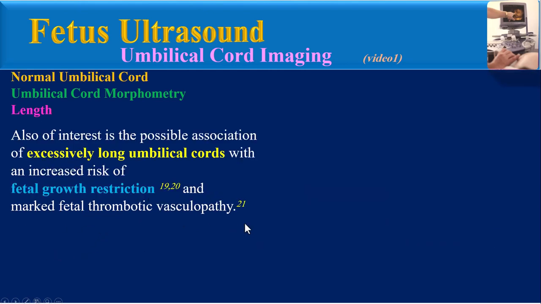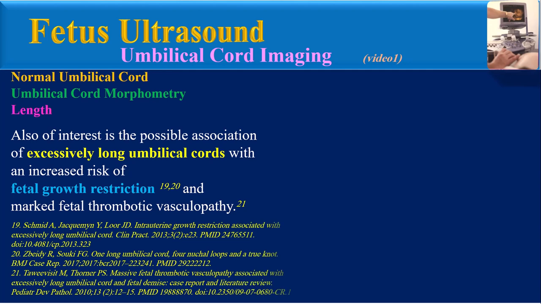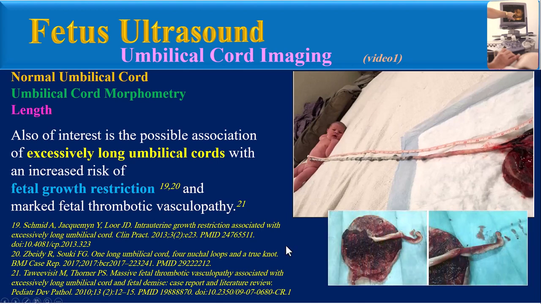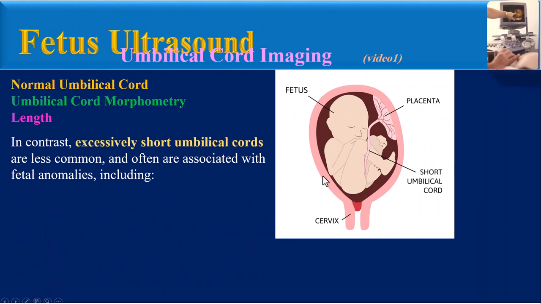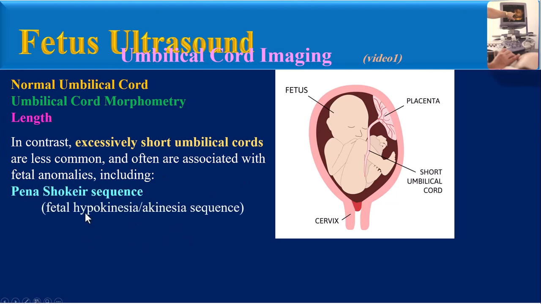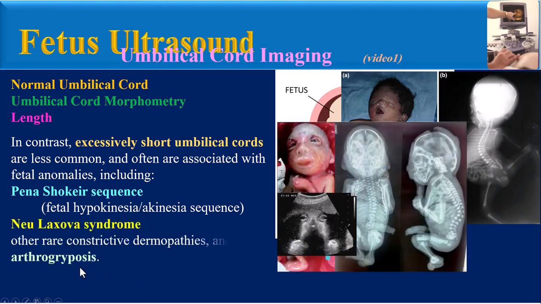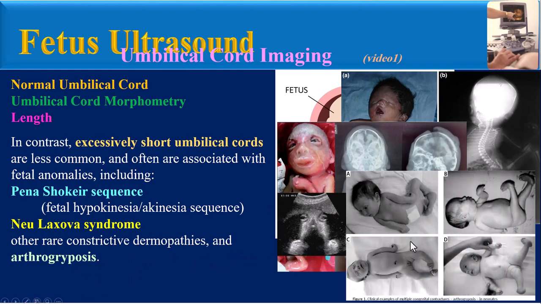Also of interest is the possible association of excessively long umbilical cords with an increased risk of fetal growth restriction and marked fetal thrombotic vasculopathy. In contrast, excessively short umbilical cords are less common and often are associated with fetal anomalies including Pena-Shokeir sequence or fetal hypokinesia-akinesia sequence, Neu-Laxova syndrome, other rare restrictive dermopathies, and arthrogryposis.